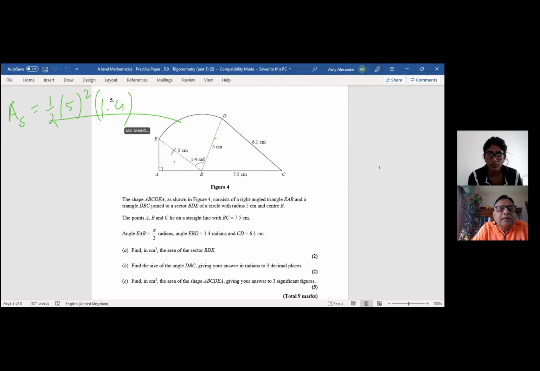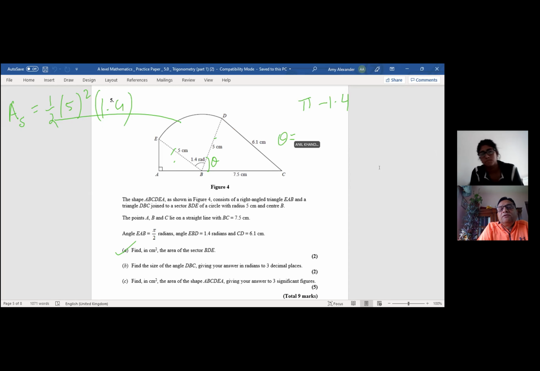Next, find the size of the angle DBC, giving your answer in radians to 3 decimal places. So pi minus 1.4, right? You have to use the cosine law to find this angle, correct? Because you don't know the angle. Let's say it is theta.